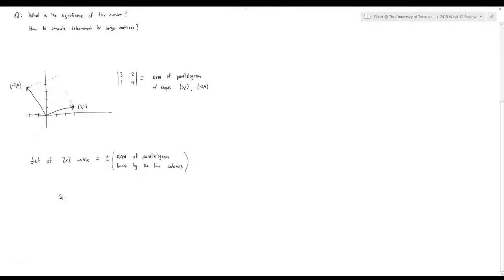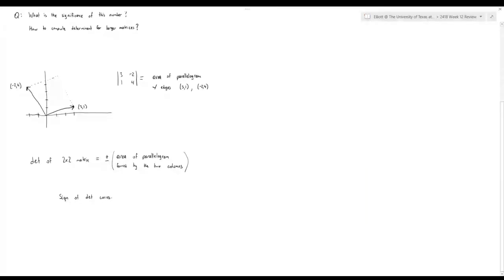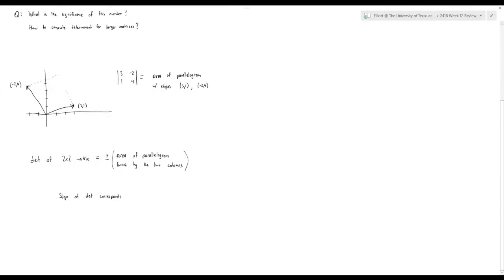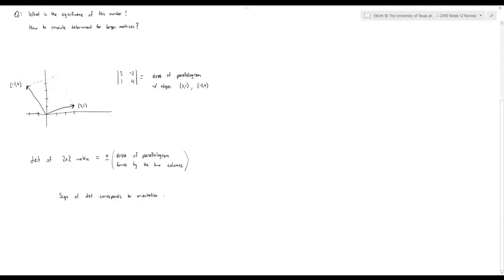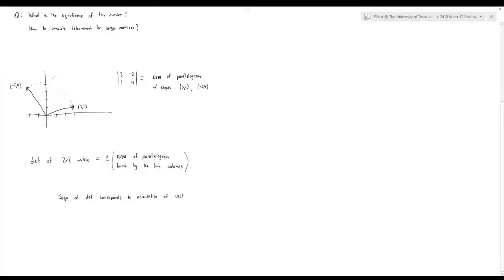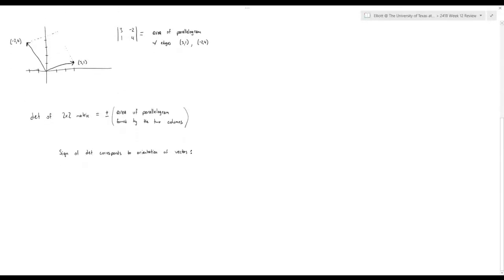The sign of the determinant tells you what the orientation of your two vectors was, and I'll talk a little bit about what I mean by orientation.